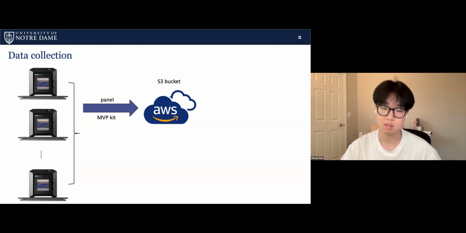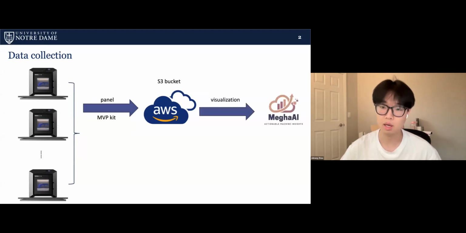Apart from the AWS cloud, we have another platform to visualize the data. We are using the Mega AI platform for visualization. The Mega AI platform can directly pull the data from the AWS cloud and generate some graphs for us to gain insight into the data.